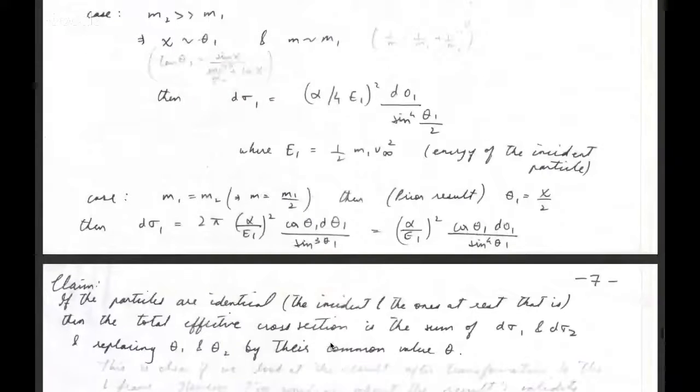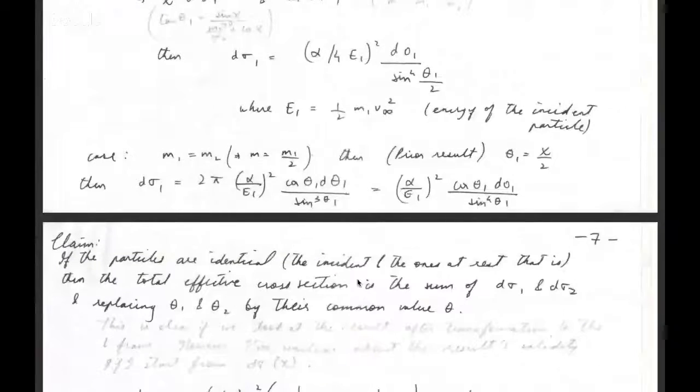So if the particles are identical, the incident one and the one at rest, then the total effective cross section is the sum of d sigma 1 and d sigma 2, replacing theta 1 and theta 2 by their common value theta. This is clear if we look at the result after transformation to the lab frame.